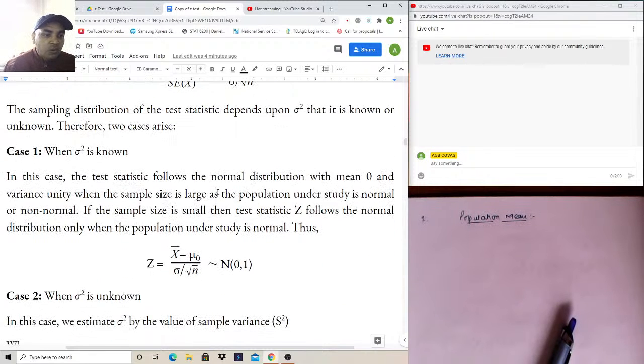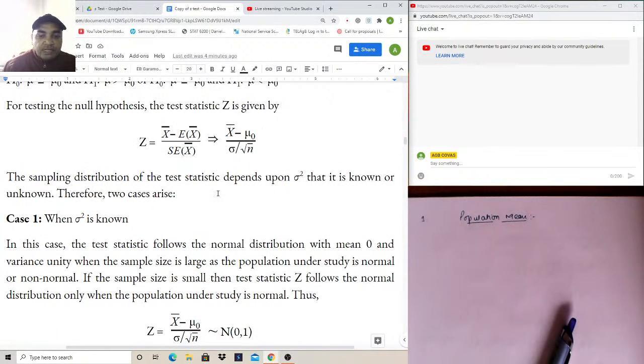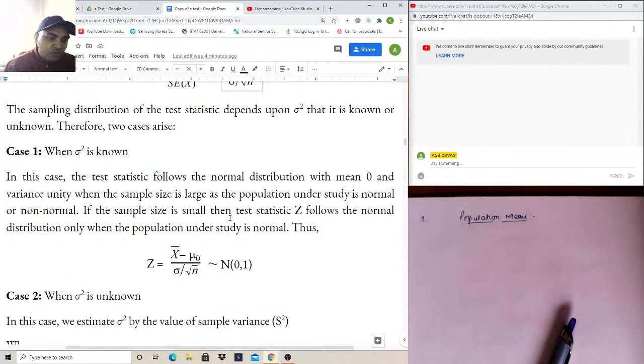The sampling distribution of the test statistic now depends on sigma, isn't it? And that is known or unknown, so different cases may arise. The first case is that your standard deviation, that is the variance, is known.